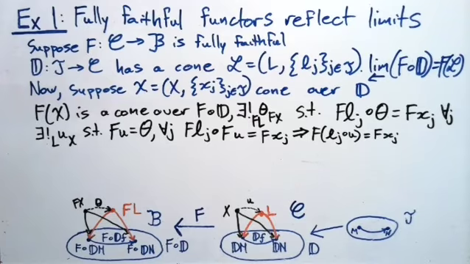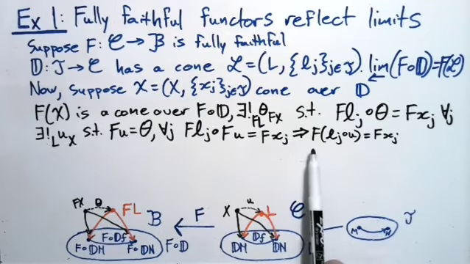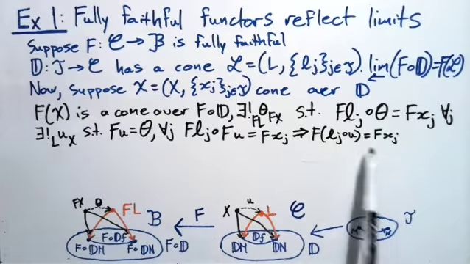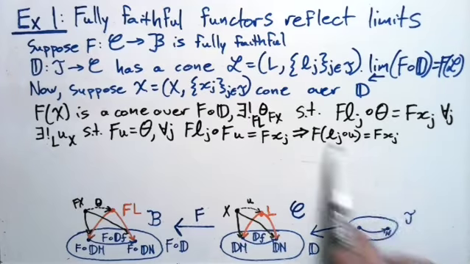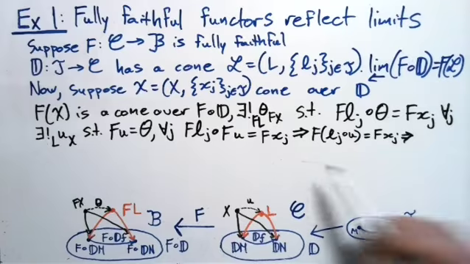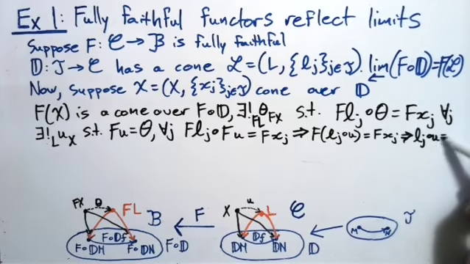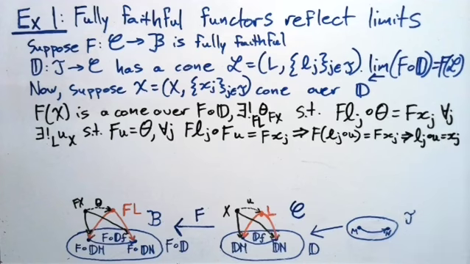But remember again that this is fully faithful. So that means that if we have F of something equals F of something else, we know that the insides have to be equal, right? Because it's an injective mapping. So this implies that L J after U equals X J. And that's for all j.